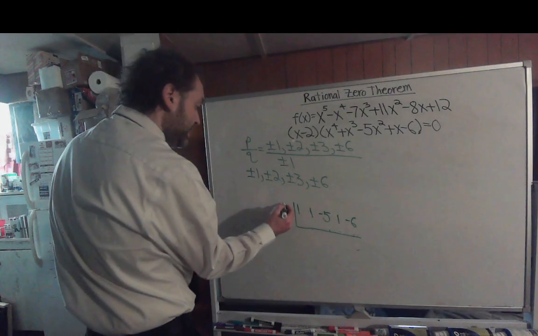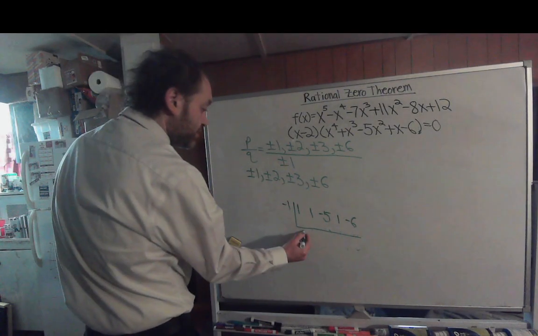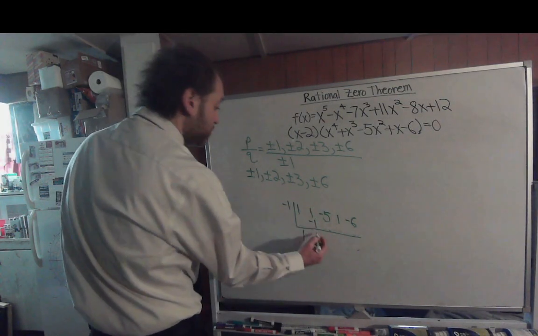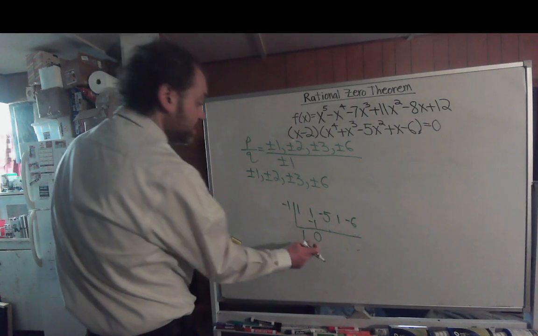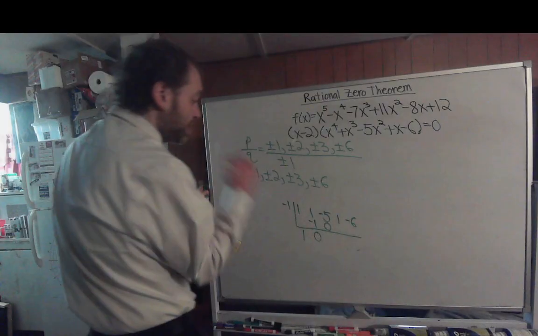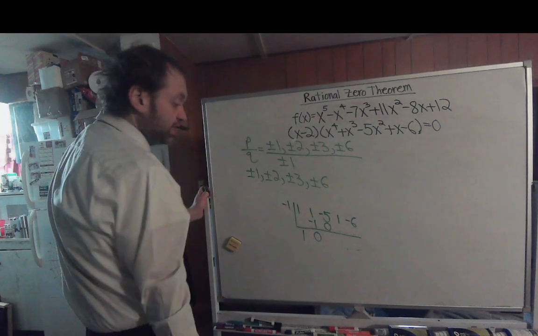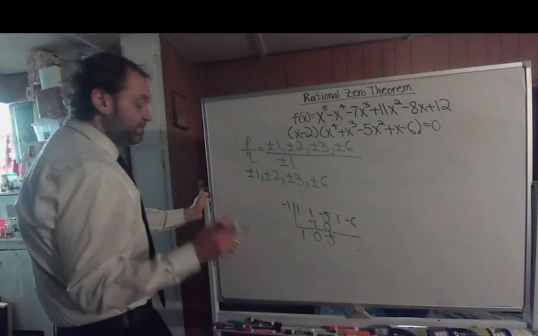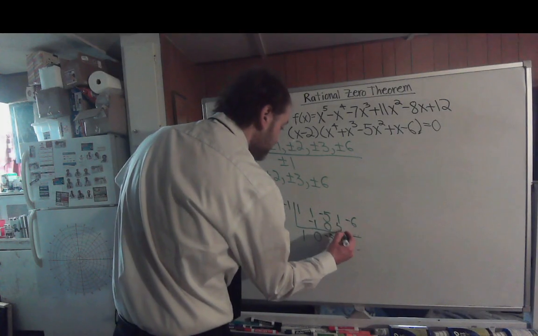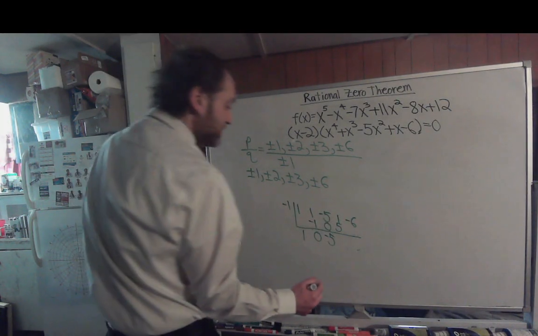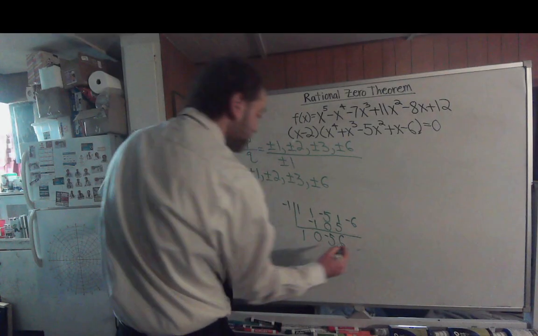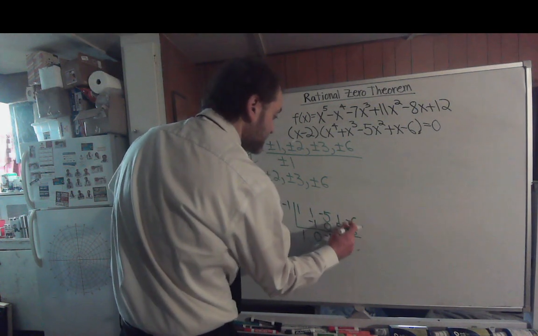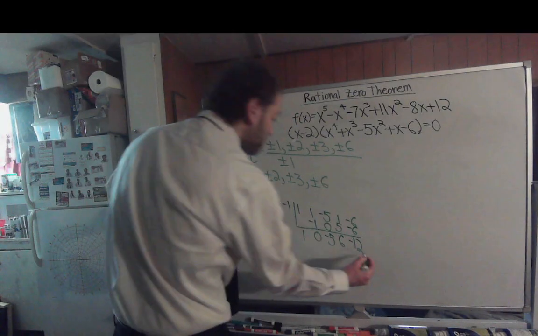All right, let's try -1. All right, bring down your 1. -1 times 1 is -1. 1 minus 1 is 0. -1 times 0 is 0. All right. -5 plus 0 is -5. -1 times -5 is +5. 1 plus 5 is going to be 6. -1 times 6 is -6. -6 minus 6 is -12.